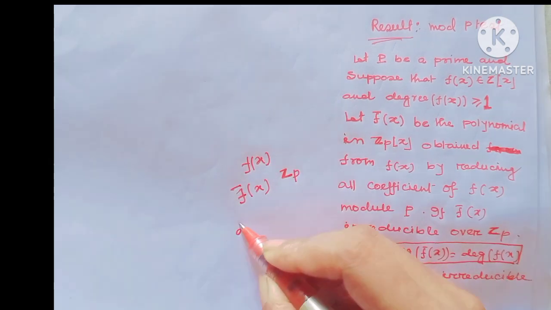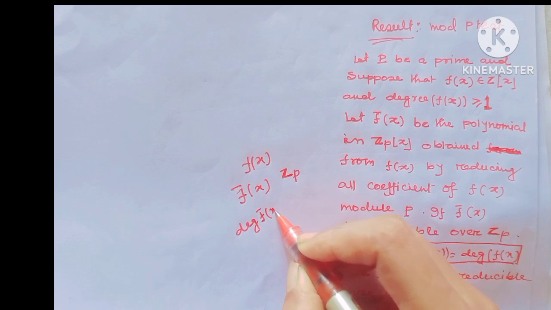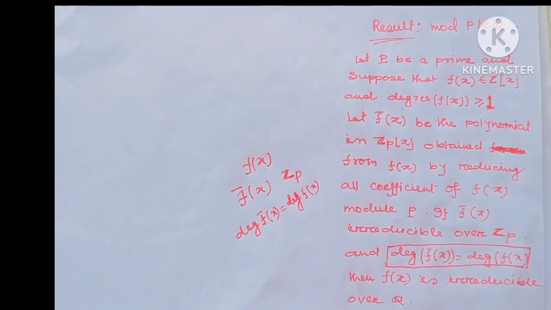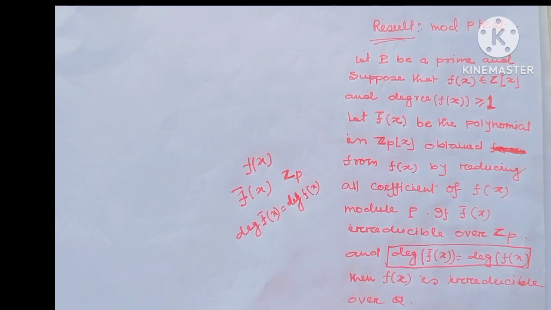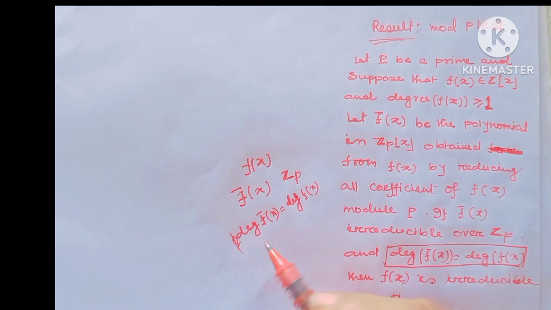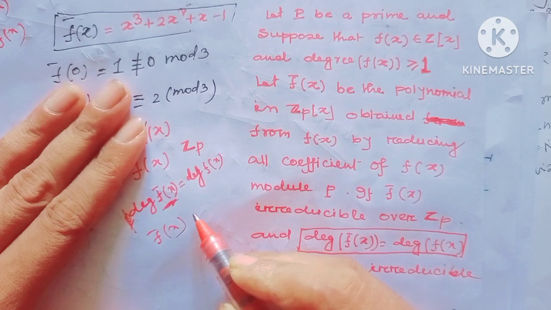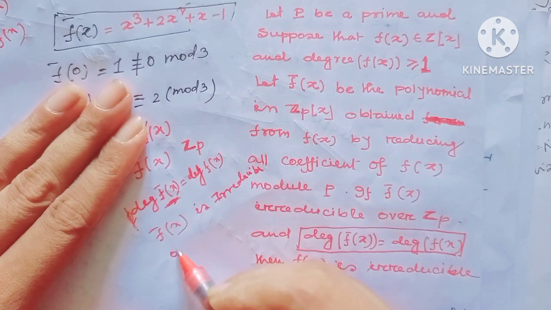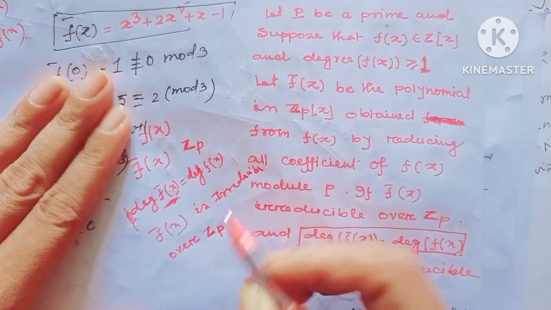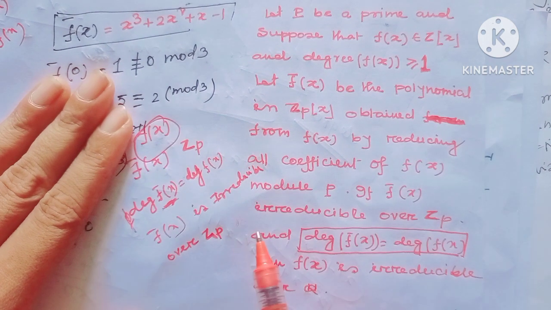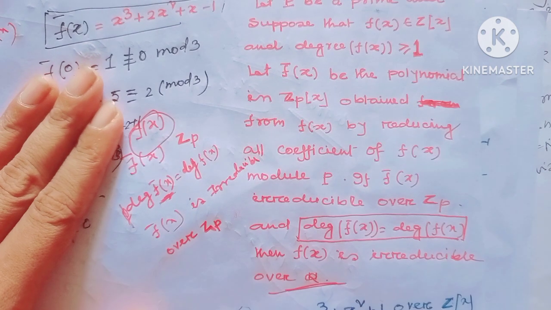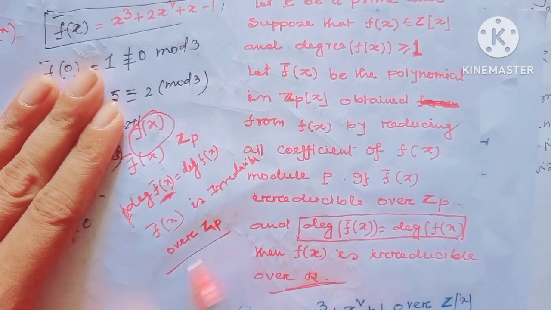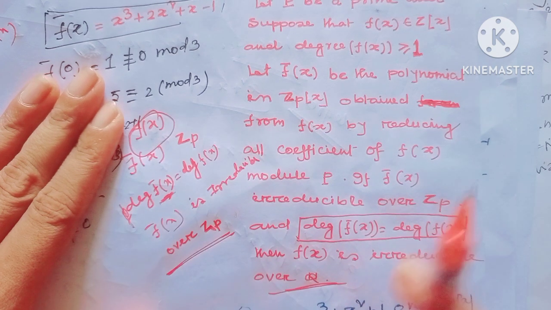If degree of f bar(x) is equal to degree of f(x), and f bar(x) is irreducible over Zp, then we can conclude this f(x) is irreducible over Q. But if f bar(x) is not irreducible over Zp, then we cannot conclude anything about f(x).